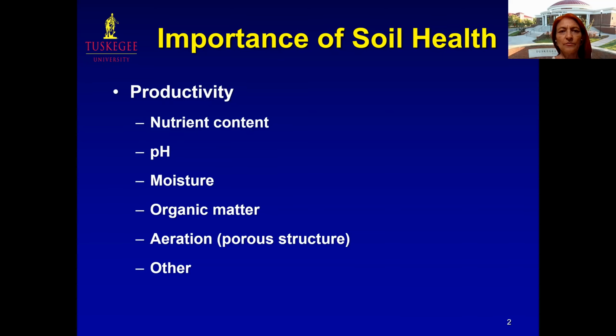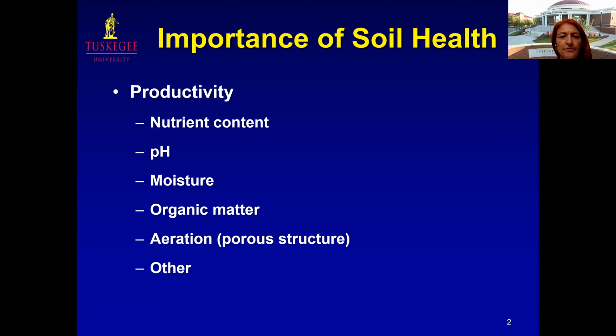in the soil, which matters because of the soil's capacity to hold the nutrients, to hold the water, to have the porous structure for aeration of the soil, for roots to utilize the nutrient, water, and air in the soil.